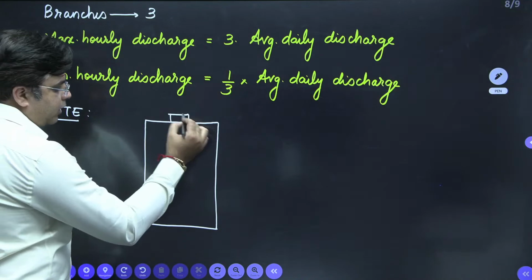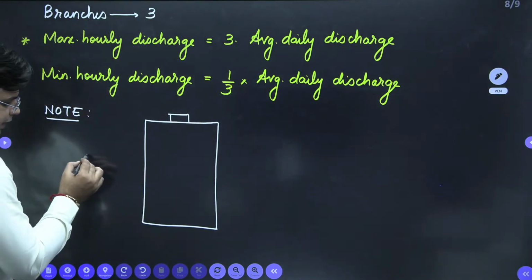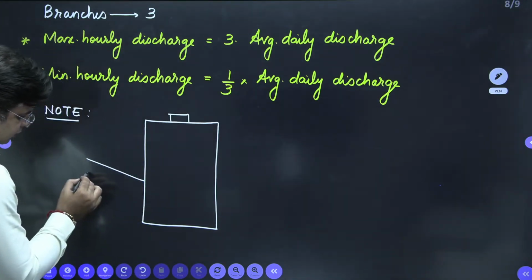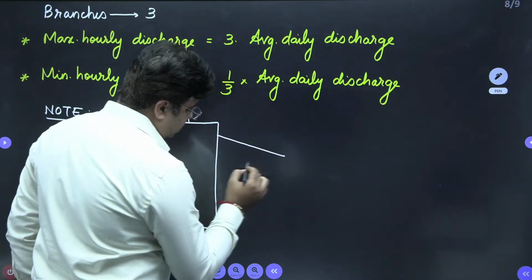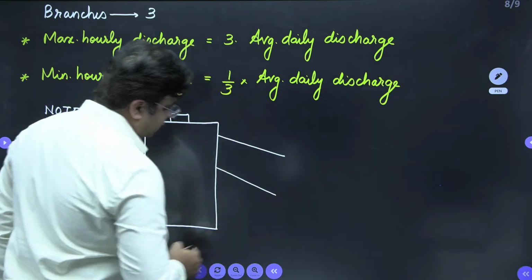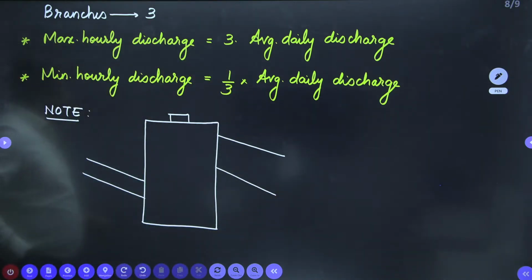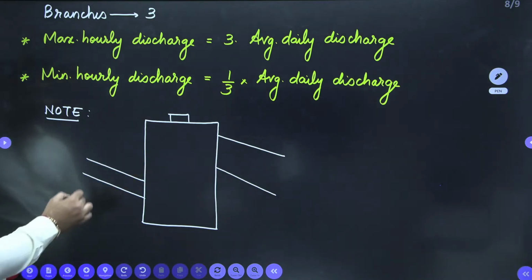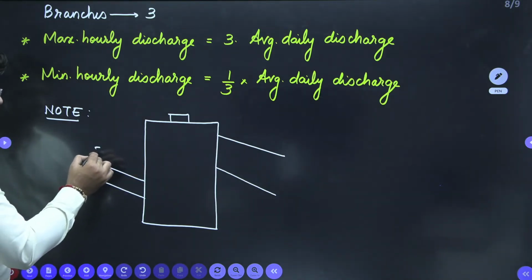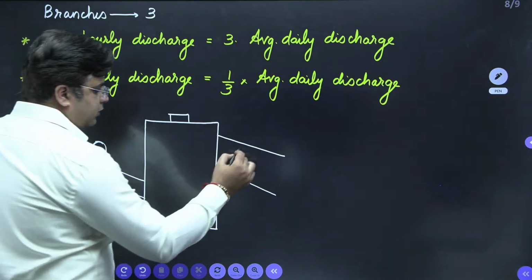And in this manhole, at one end, I have this small sewer connected to bigger sewer like this. This is the first situation. This is small sewer and this is bigger sewer.